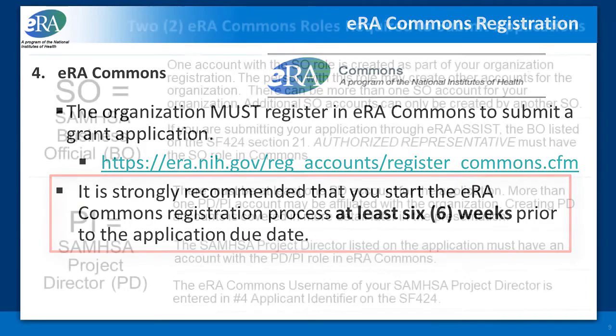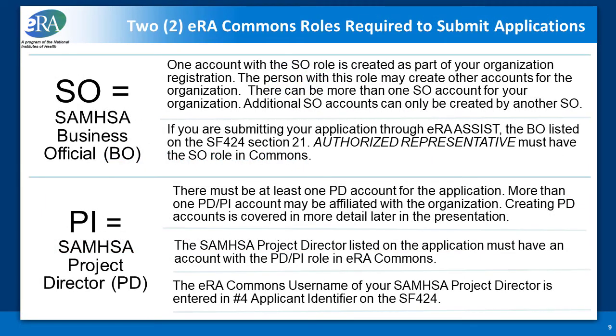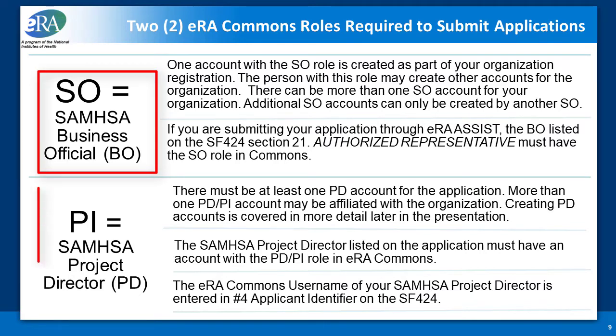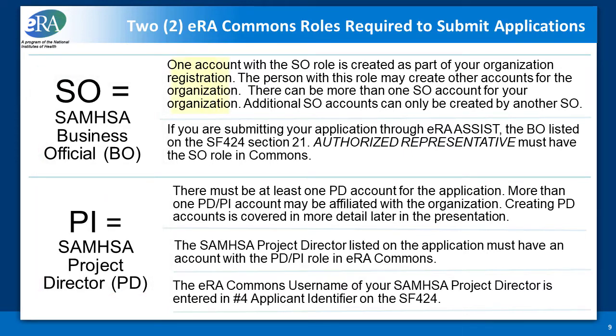2 accounts are required in order to submit your application with ERA Commons, even if you are submitting through grants.gov workspace. You will need at least 1 signing official, or SO account, and 1 principal investigator, or PI account. The SO account is created automatically as part of the organization registration process, but there can be more than 1 SO account with your organization.